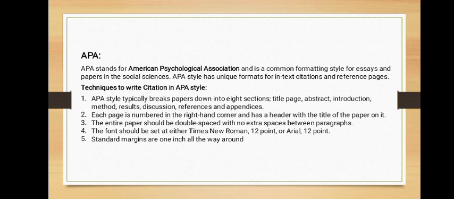Each page is numbered in the right-hand corner and has a header with the title of the paper on it. The entire paper should be double spaced with no extra spaces between paragraphs. Number 4: the font should be set at either Times New Roman 12 point or Arial 12 point. Number 5: standard margins are 1 inch all the way around.